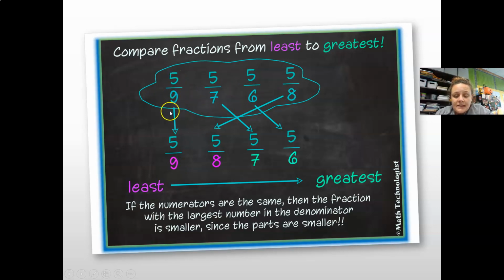So this is 9 small pieces, we have 5 of them. This is 7 small pieces, we have 5 of them. 6 small pieces, we have 5 of them, and 8 small pieces, we have 5 of them. The smallest would be 5/9, followed by 5/8, 5/7, and 5/6 would be the largest. That's almost the whole pizza. That's 5 out of the 6 pieces.